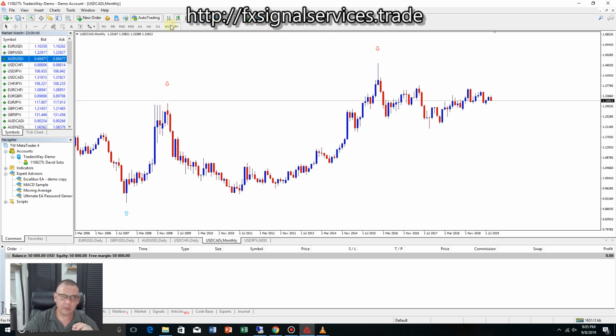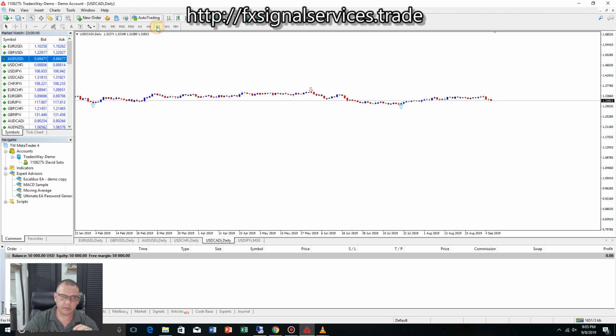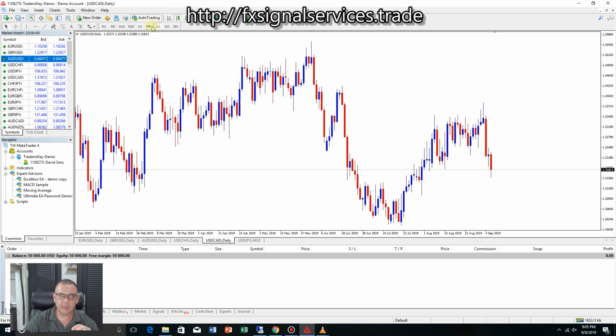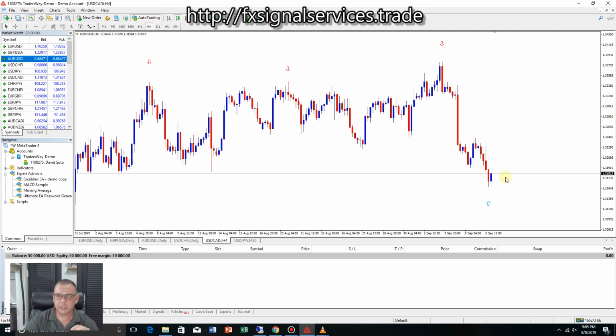You probably could place a sell trade and just hold it for a week or two. But if you look here on the 4-hour chart, it's showing an up arrow. So what this means is it will come up a ways, not as high as it did before, but somewhere in the middle here, and then come back down again.